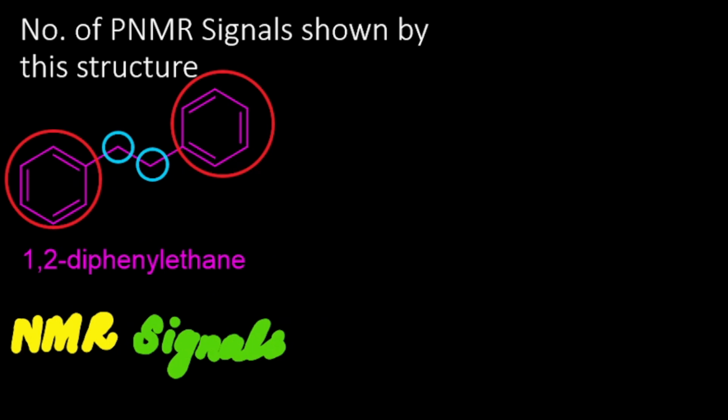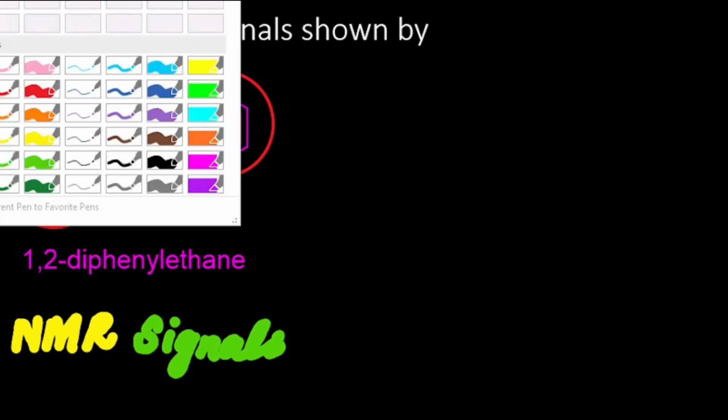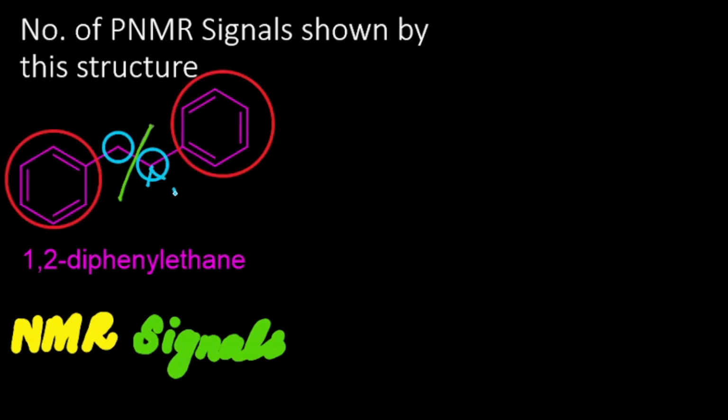Here also some type of symmetry is present, and these structures are very easy to conclude. So here two hydrogens are present, and similarly here two hydrogens are present. These two hydrogens and these two hydrogens are of the same chemical environment, meaning they are all of the same type and give the same signal.